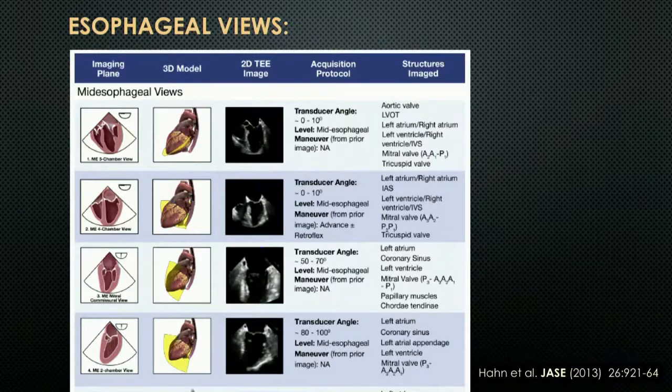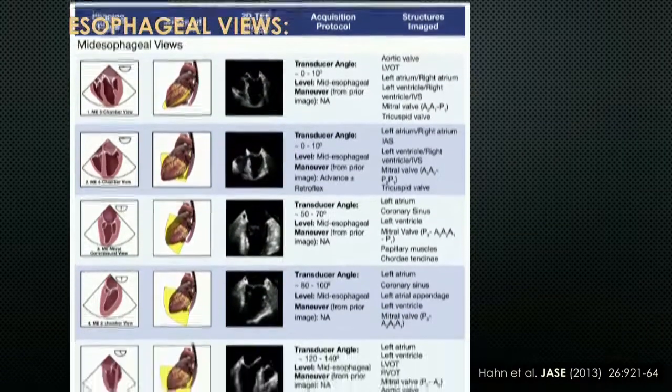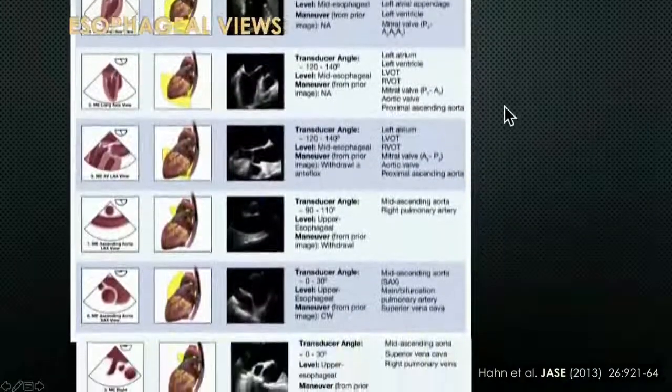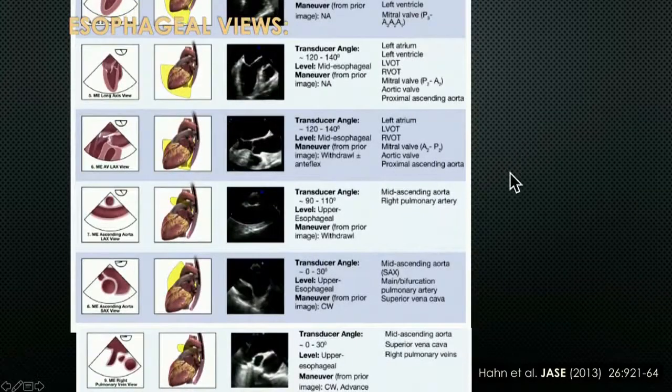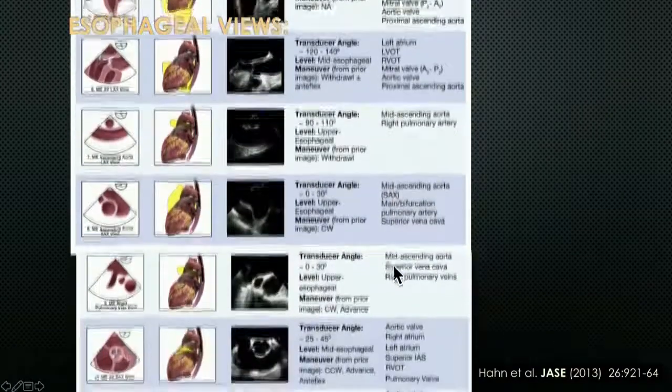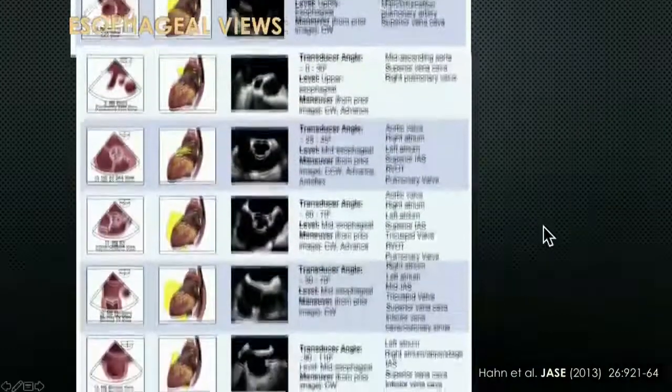So this is just the list of the multitudinous number of esophageal views, and here we can see an ongoing list. Just be aware that the mid-esophageal views are usually used for the evaluation of the valves themselves, as well as the left atrium, left atrial appendage and the pulmonary veins.